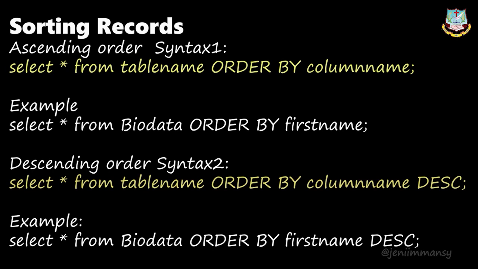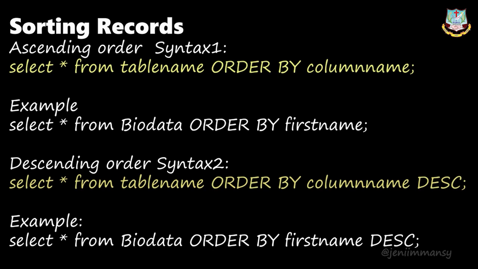That means we'll get the output in ascending order on the column name. The column name will be sorted in ascending order format. For that the syntax is SELECT star FROM table name ORDER BY column name.